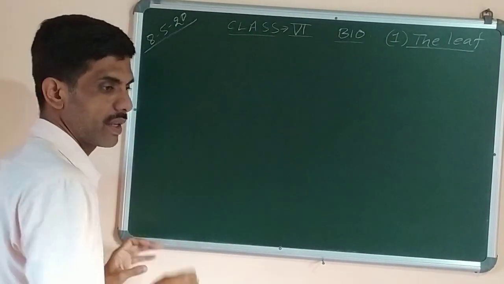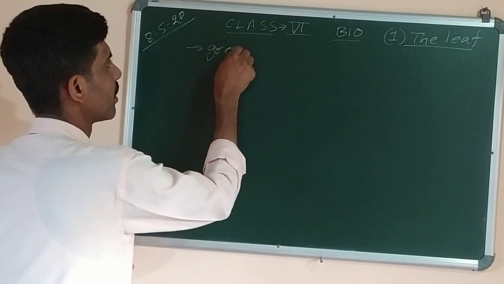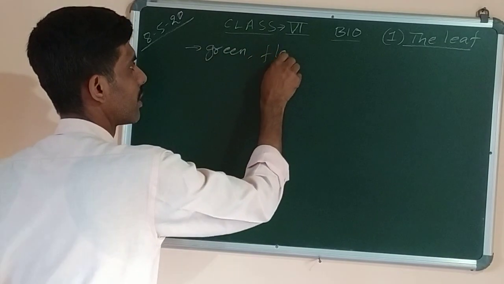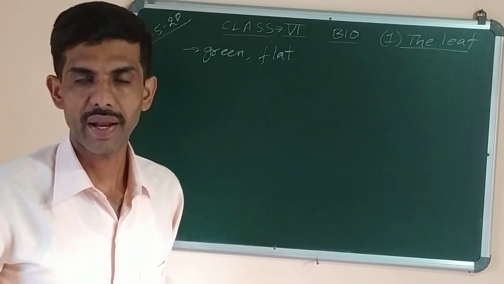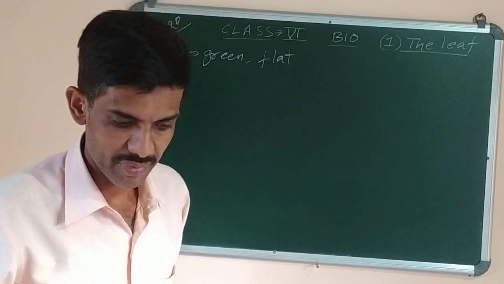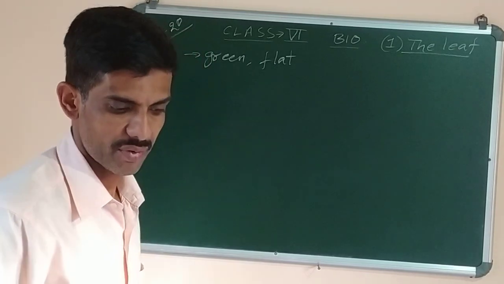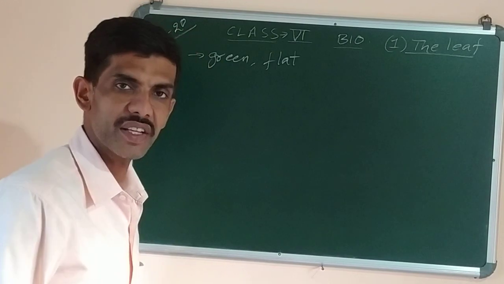Okay, what is leaf? Leaf is the green, flat part of the plant which arises from the stems and branches. So what is leaf? If you have to write the definition, you can write that leaf is a thin, flat and expanded structure.